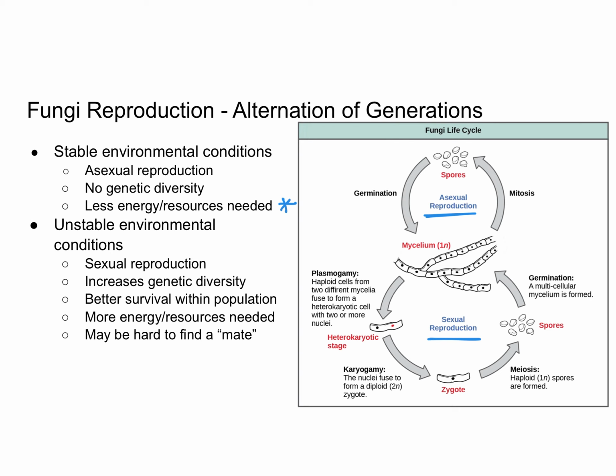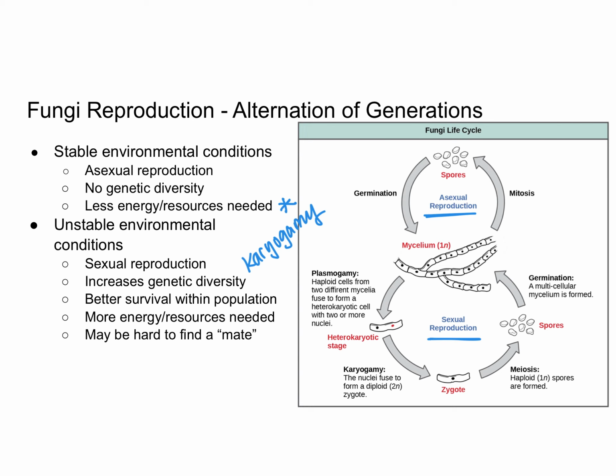And that's because we are increasing genetic diversity. Remember, that's going to happen through our karyogamy. Because remember, with karyogamy, we are taking two different haploid nuclei and we're fusing them together. And so we're making this diploid nucleus that now has genetic information from two different parent organisms.